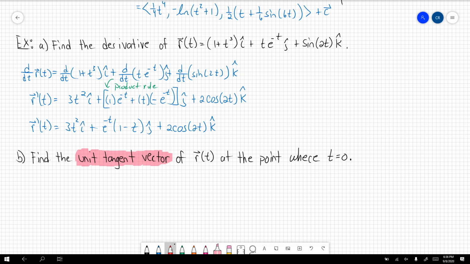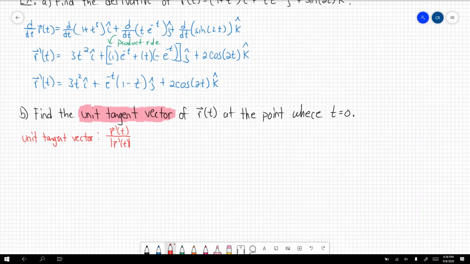The unit tangent vector is taking the derivative of the vector itself, and then dividing by its magnitude. Because if we're looking for the tangent vector, then that's going to be r prime. But if we're looking for a unit tangent vector, then that means we take the tangent vector and we divide by its magnitude. So once we're able to grab all this, we're going to find this unit tangent vector.